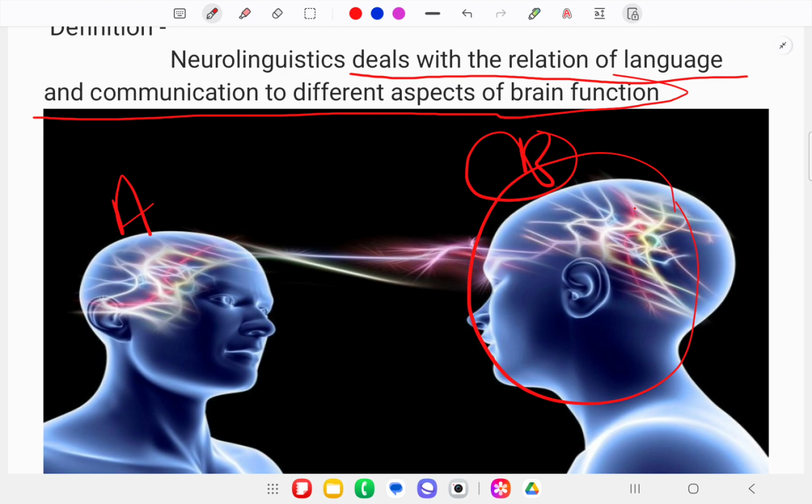But when we talk about how language is processed, there are some people who have a problem in language processing, so what can be the problem for that person? Suppose person A has issues in producing vowel sounds, and also some consonant sounds.